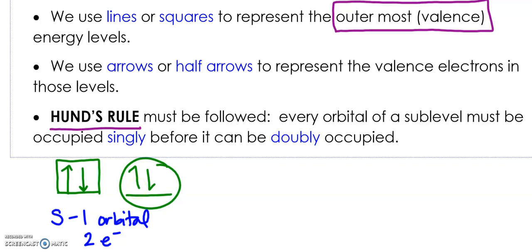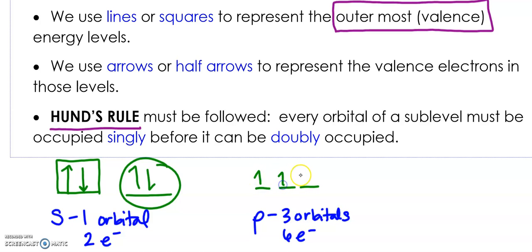So for P, if you had P orbitals, there are 3 of them, and 2 electrons in each, so that's a maximum of 6 electrons. So if we were drawing these p orbitals, we would draw p, there would be 3 lines, 6 electrons.